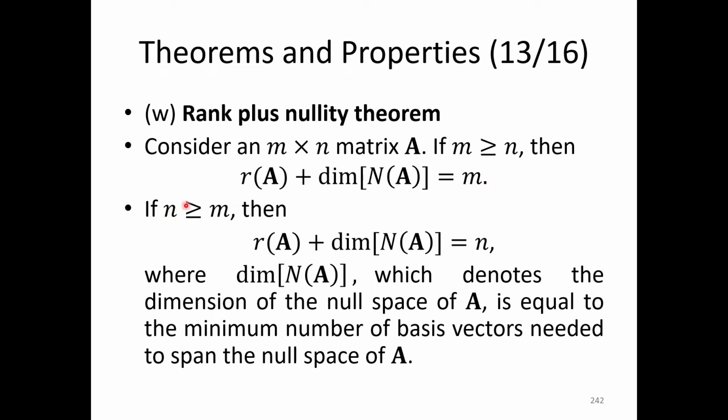If n is greater than or equal to m, then the rank of A plus the dimension of the null space of A is equal to n, where the dimension of the null space of A is equal to the minimum number of basis vectors needed to span the null space of A.